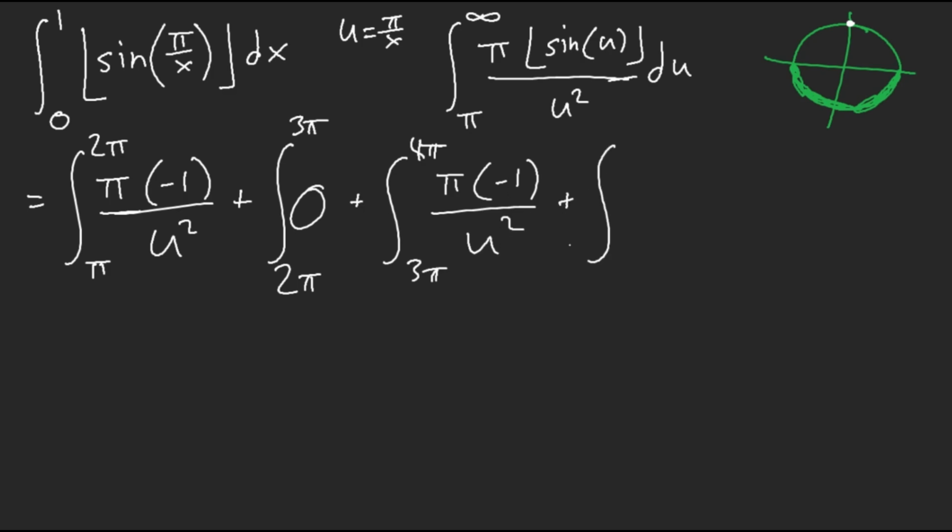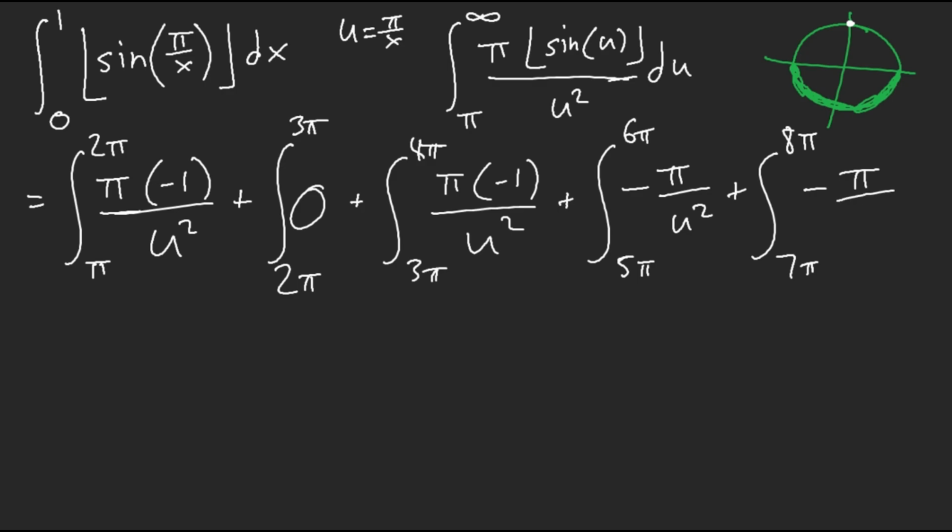So all we're going to get is 3 pi to 4 pi, 5 pi to 6 pi, 7 pi to 8 pi of -pi over u square. We'll keep the negative so that when we integrate, it's just 1 over u.